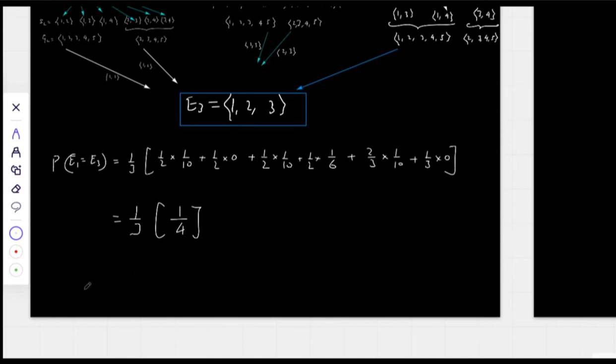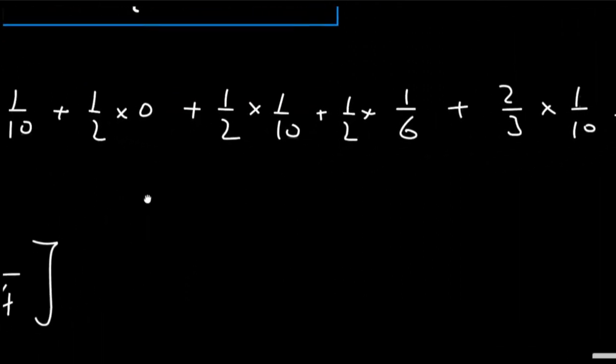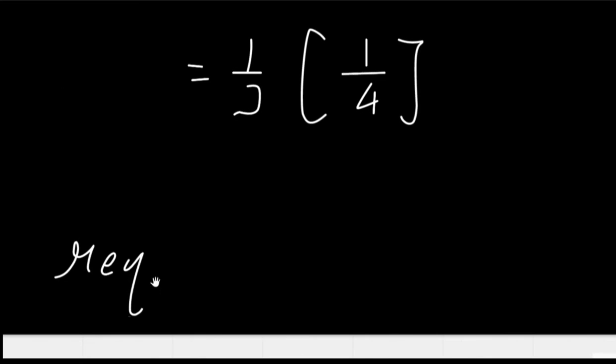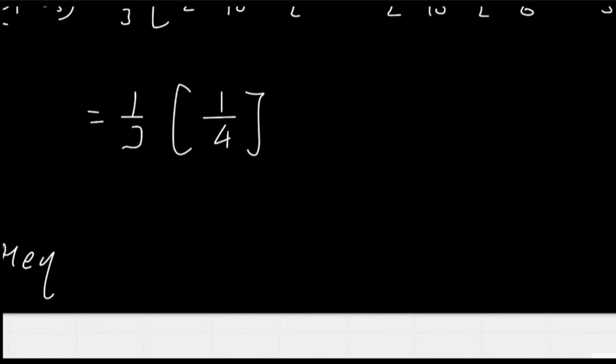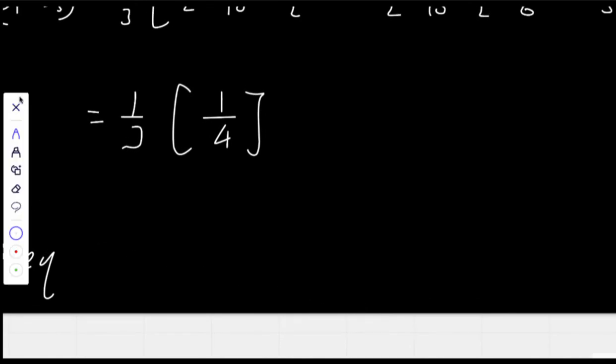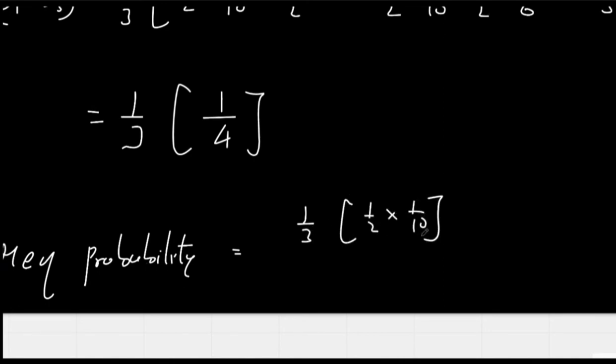So required probability. What is the case of required probability? Required probability is equal to 1 by 3 into 1 by 2 into 1 by 10, right?